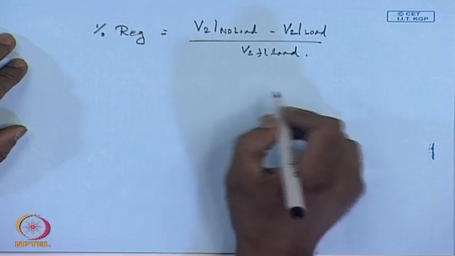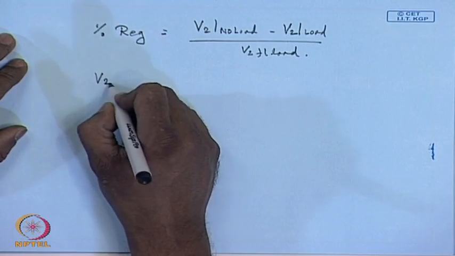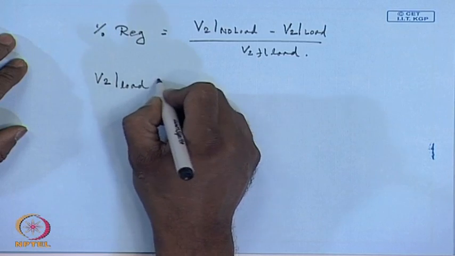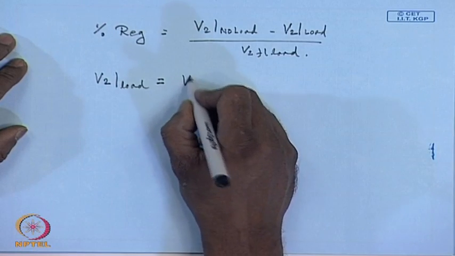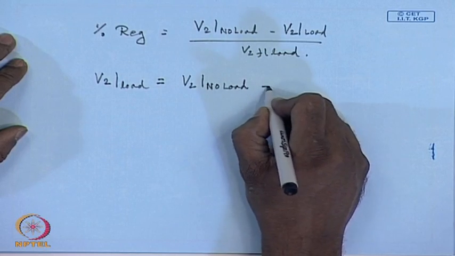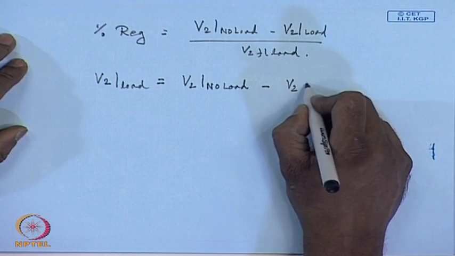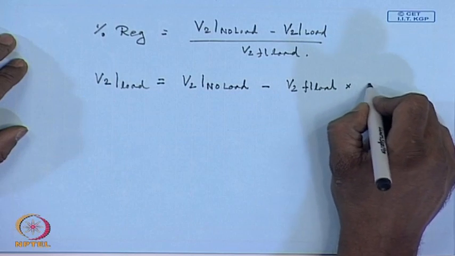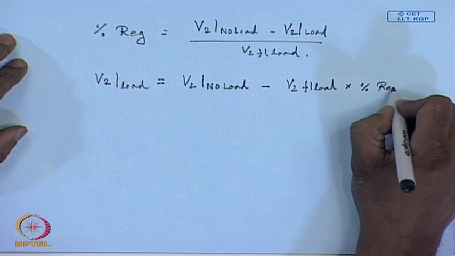So, V2 at load will be V2 at no load minus V2 at full load into percentage regulation.